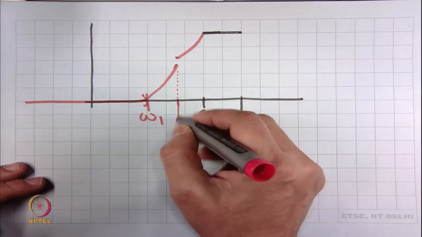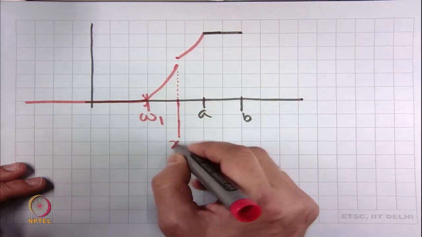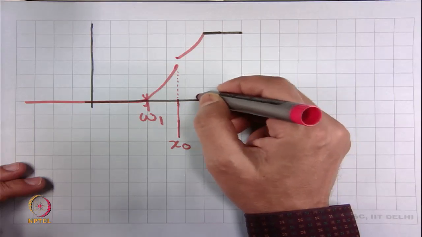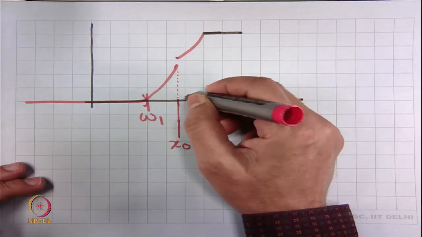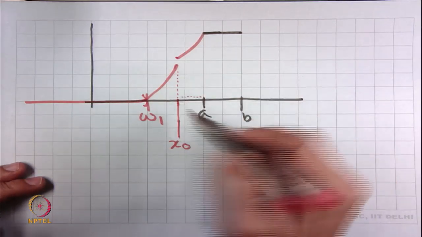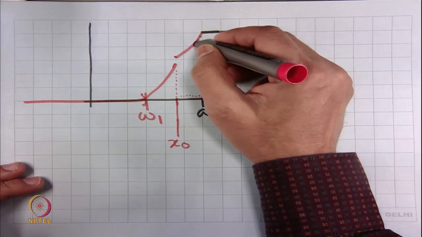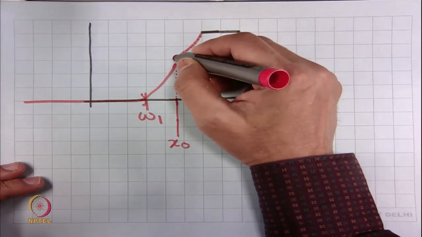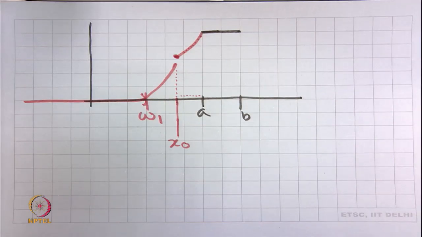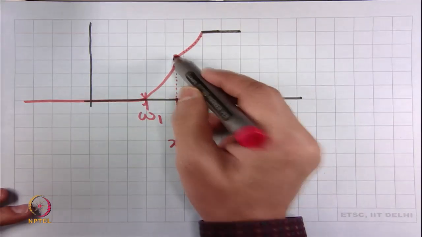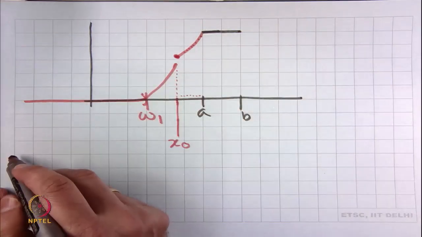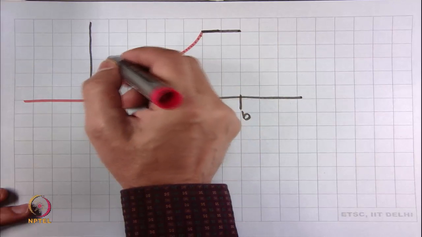Suppose this point of discontinuity is called x naught, then if we take any sequence of points in the interval coming to x naught from the right hand side, then the limit of those values is going to be the value of the function at x naught. So, this is the characterization of L x.